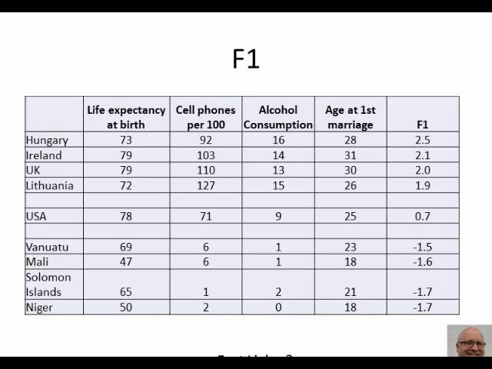When I first saw the data I thought, oh, I'll call this group Western. And then I noticed that the USA was quite a long way down the table, it just scores 0.7, so it's positive on this factor but not that strongly. So I looked at the data and, well, great life expectancy 78, cell phones only 71 per 100 people, so really a different category.